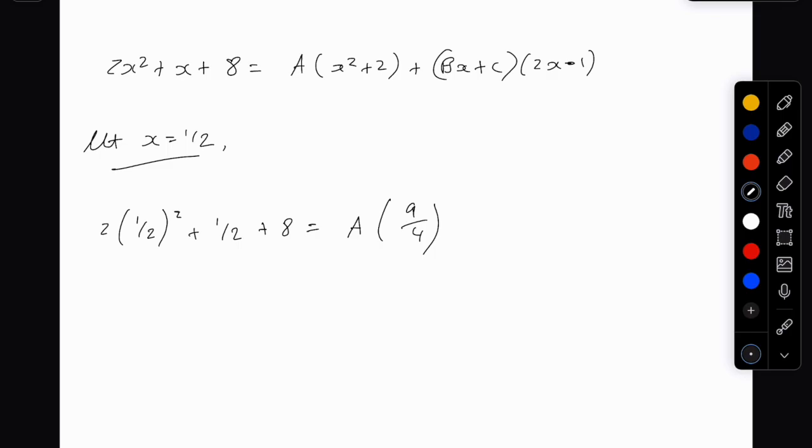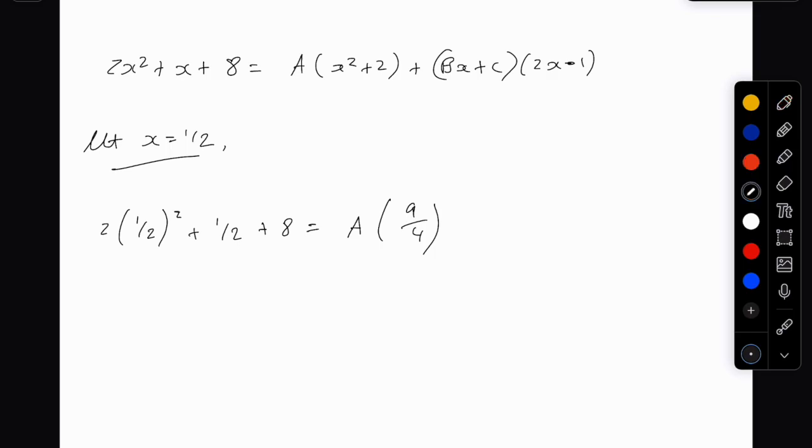And meanwhile, if we plug in a half into 2x minus 1, what we're going to get is 0. Hence this whole thing is going to equal 0.